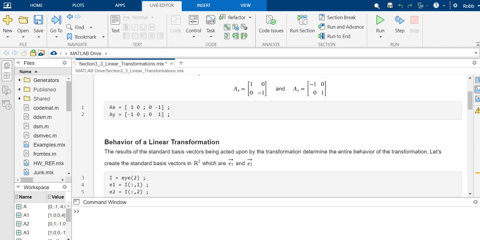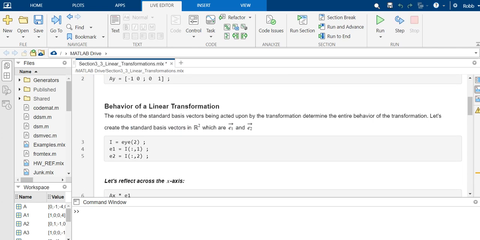So I went ahead and entered them. Remember I2 will get me the identity matrix, and the 2 means the identity matrix for R2. And of course, vector E sub 1 is the first column of that identity matrix, and the vector E sub 2 is the second column, okay?